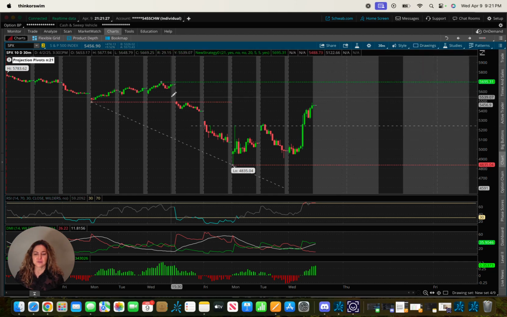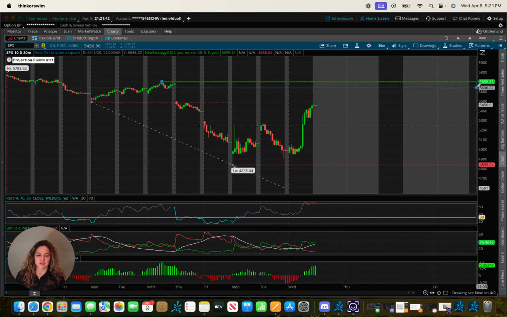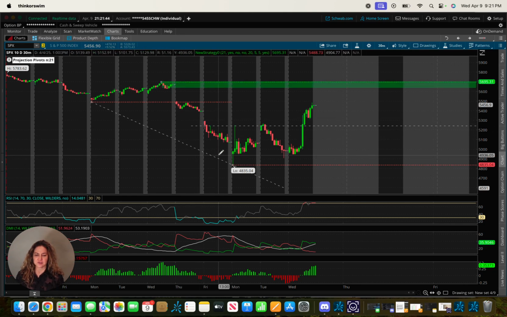So I want us to do this, and I will do a class just on supply and demand, but just watch this, right? So usually when we have a violent drop, that is our supply zone. But I'm going to be a little bit more generous, and I'm going to say this is a supply zone right up here. I'm going to be very generous with the levels.